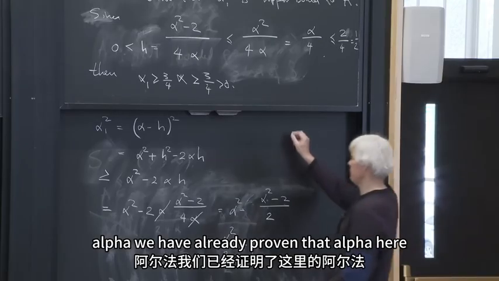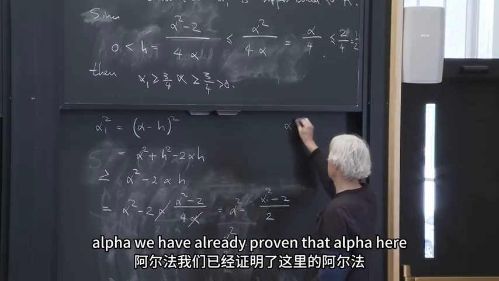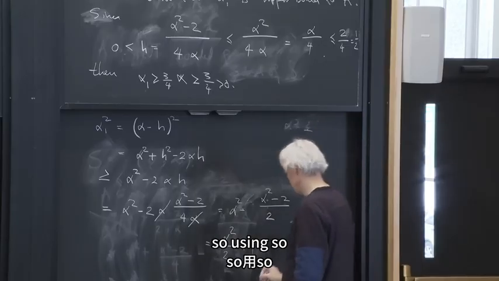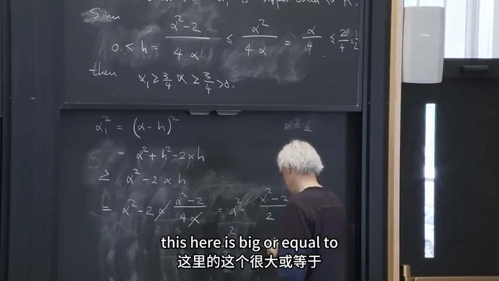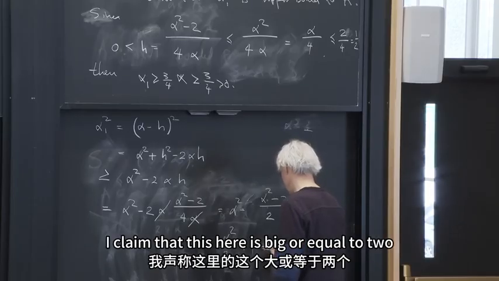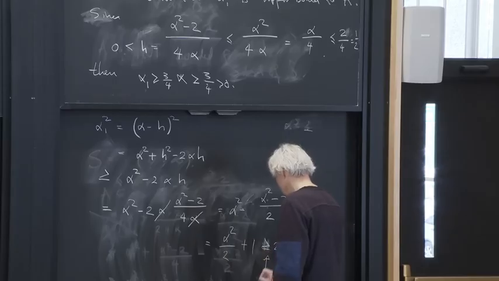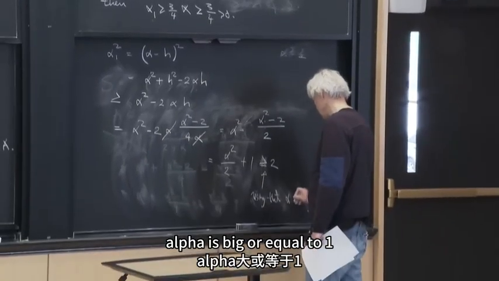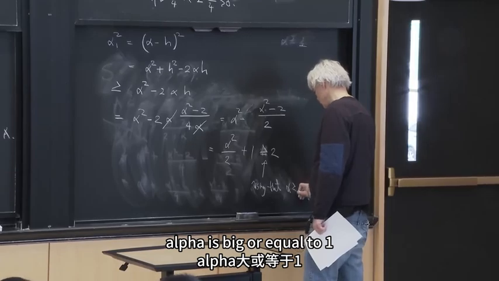We have already proven that alpha here was bigger or equal to 1. So I claim that this here is bigger or equal to 2 using that alpha is bigger or equal to 1, right?